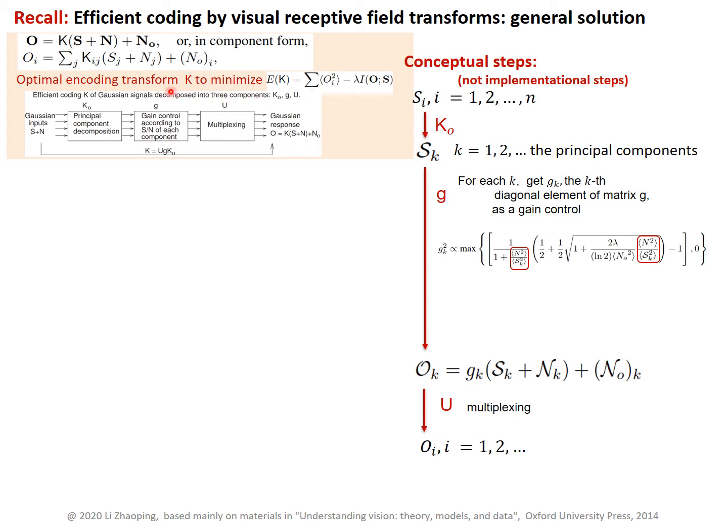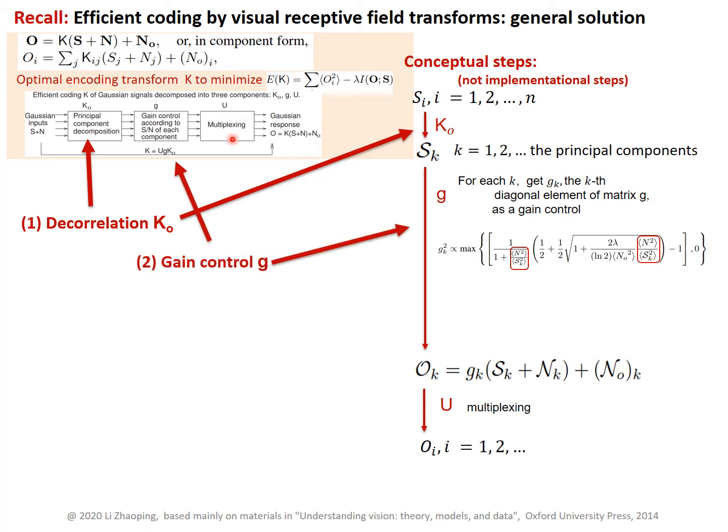The encoding transform K has the following three conceptual steps of signal processing. First, it decorrelates the inputs through a coordinate rotation, which is the principal component decomposition. Second, it applies a gain or sensitivity factor, gK, to each of the decorrelated components.